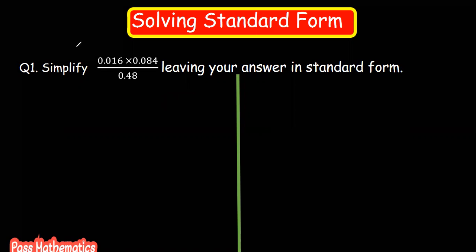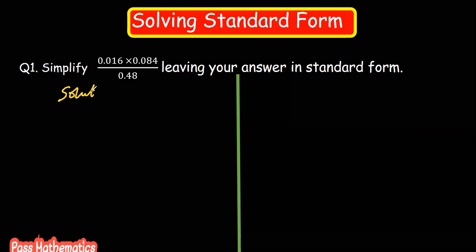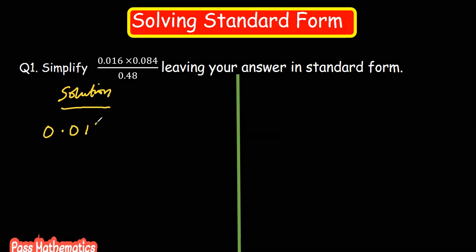So we have, I'm going to write the solution here. We have 0.016 multiplied by 0.084 and then we divide it by, that is according to the question, 0.48.